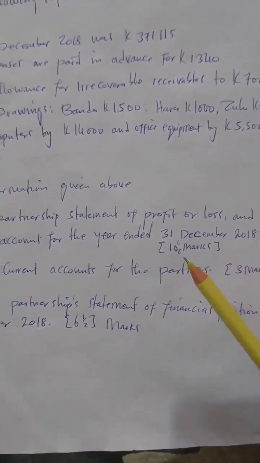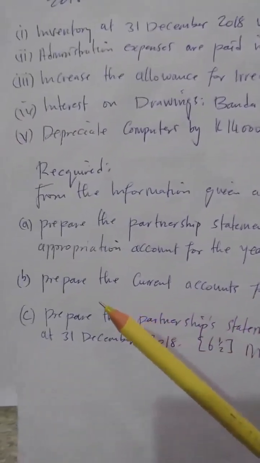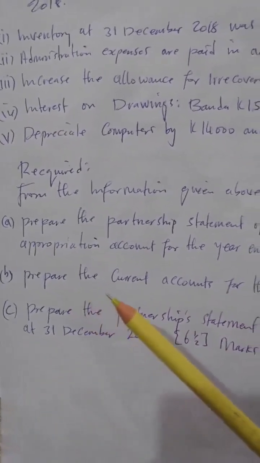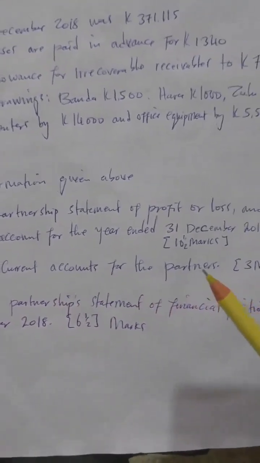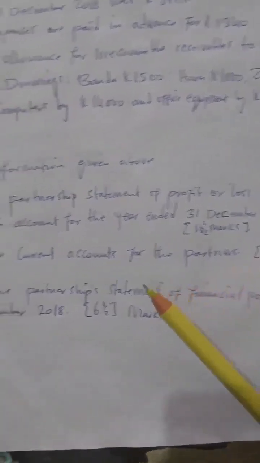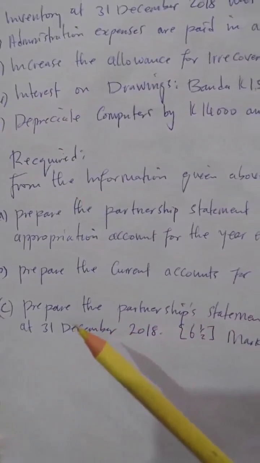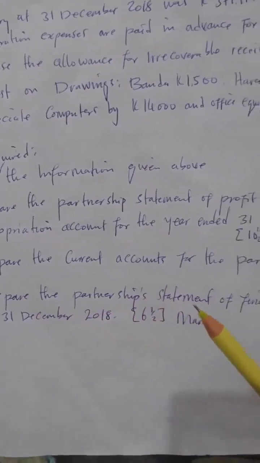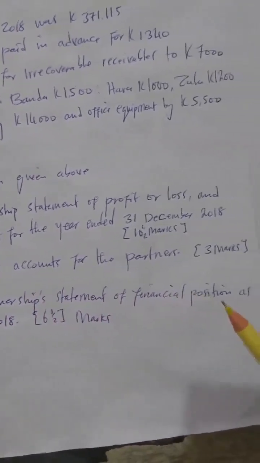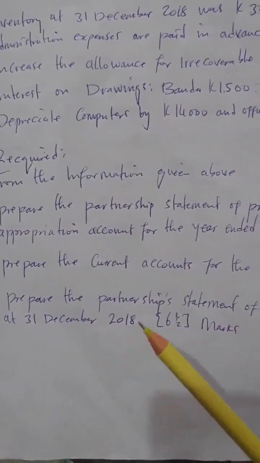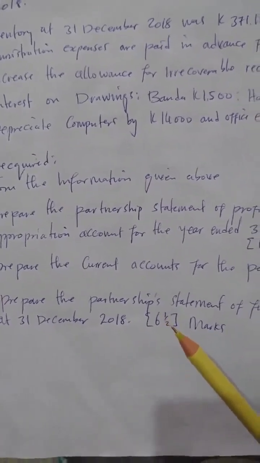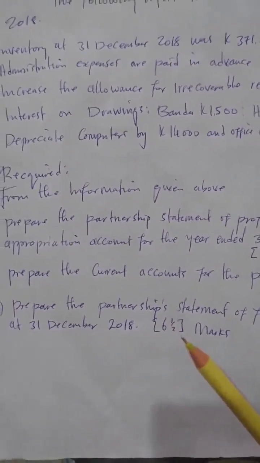This question carries 10 marks and a half. Second question is prepare the current accounts for the partners. That's 3 marks. And then the last question is prepare the partnership's statement of financial position as at 31 December 2018. And this question carries 6.5 marks.